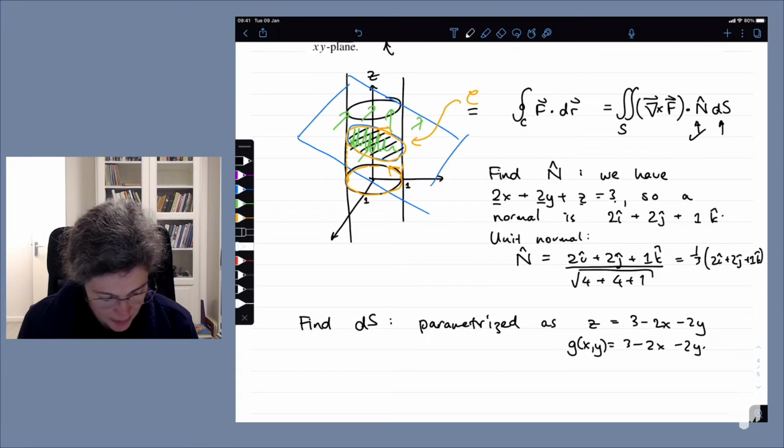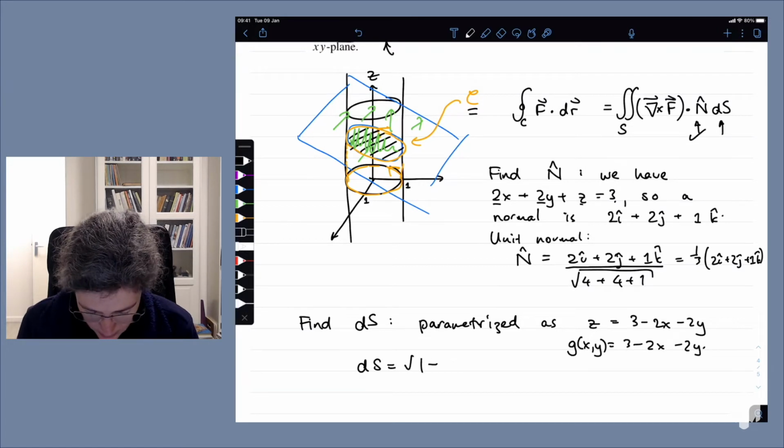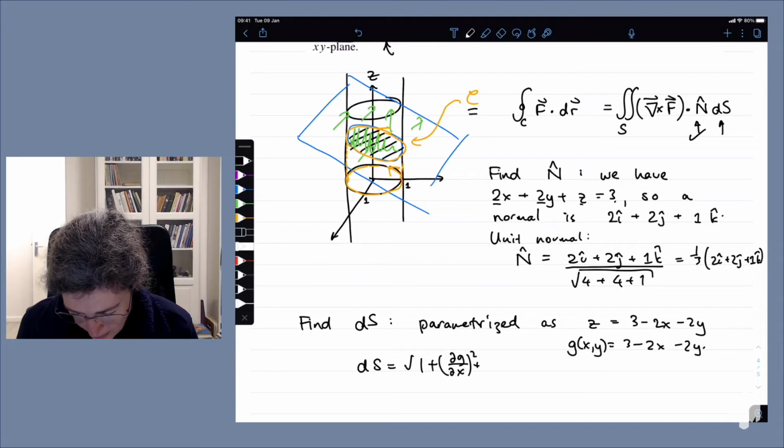And so we plug this into the formula that we know. We know that dS is equal to the square root of 1 plus dg by dx all squared plus dg by dy all squared, dx dy.